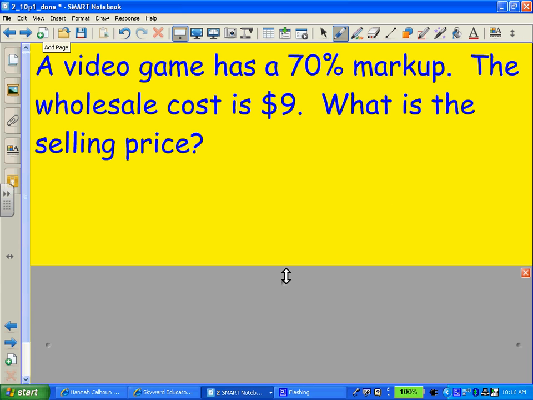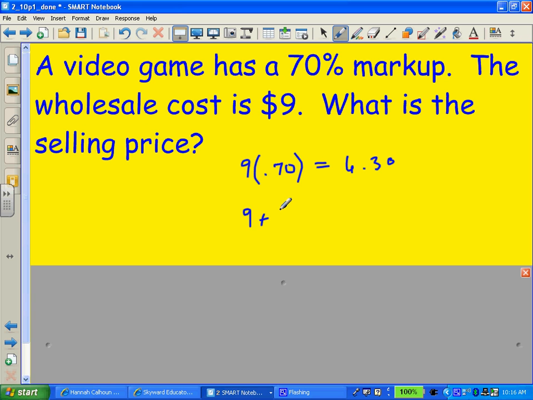Let's look at a couple more. Now again, if you understood what I was doing before, go ahead and try to do these on your own. The video game has a 70% markup. The wholesale cost is $9. What's the selling price? Well, I need to figure out what's 70% of 9. I'm going to take 9 times 0.7, and I get 6.3 or $6.30.